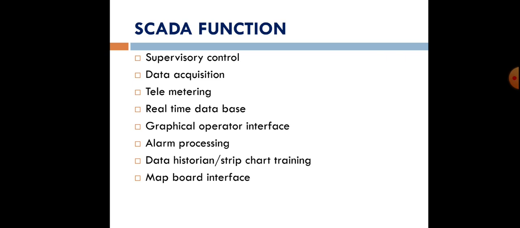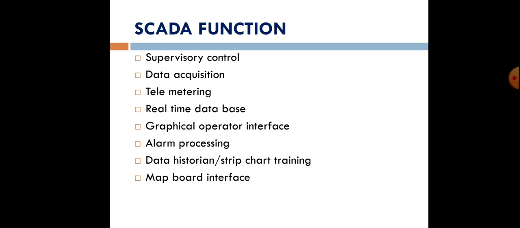Second, data acquisition. Third, telemetering. Fourth, real-time database. Fifth, graphical operator interface. Sixth, alarm processing. Seventh, data historian or strip chart trending. Eighth, mapboard interface. So these are the functions of SCADA.